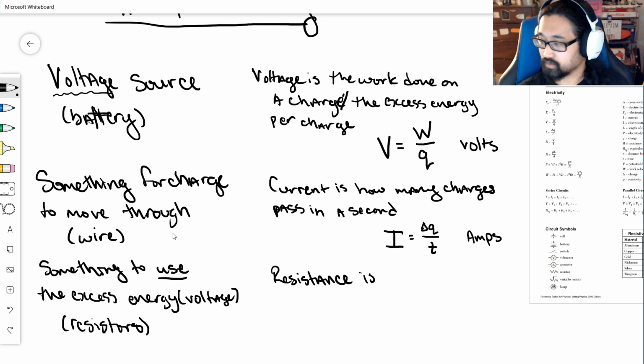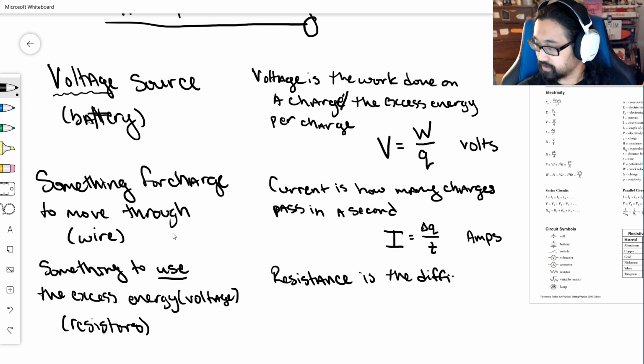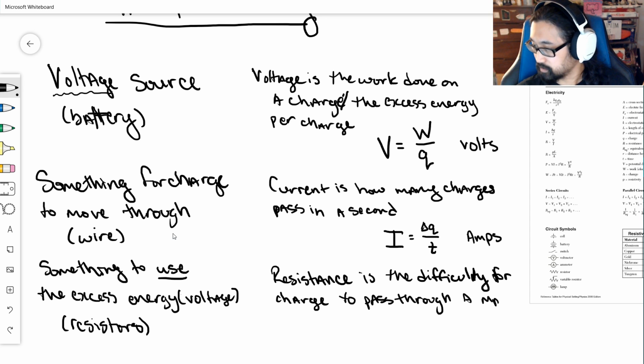Resistance is the difficulty for charge to pass through a material.